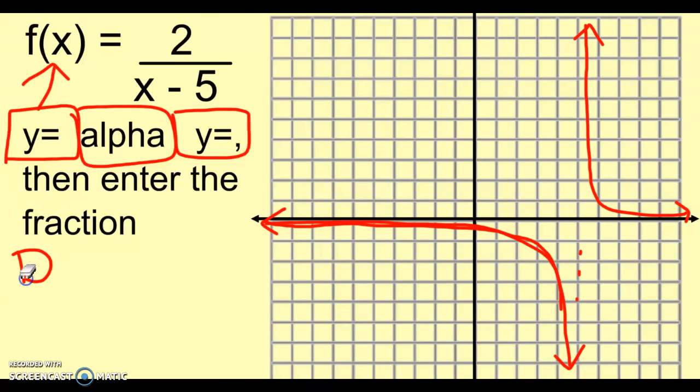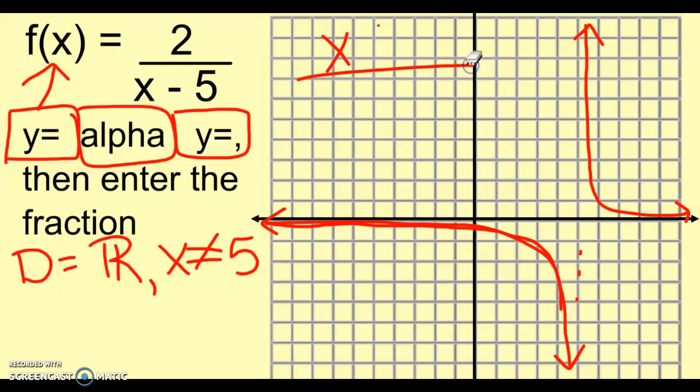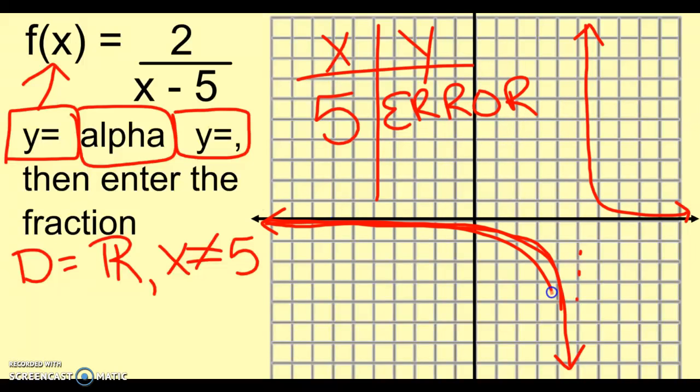We're going to say that the domain is all reals, but x is not equal to 5. If you go in your table in your calculator, you go to 5, and you should get a nice little error sign that says, nope, can't happen, because it's turning before it gets to 5.